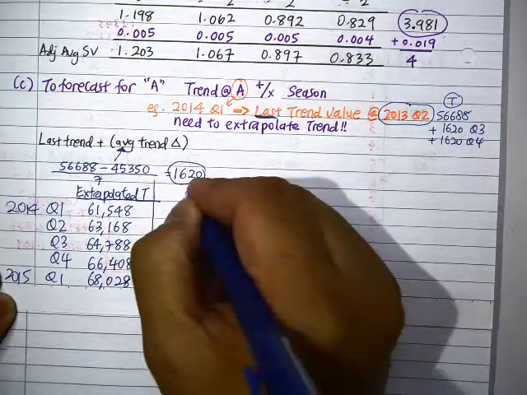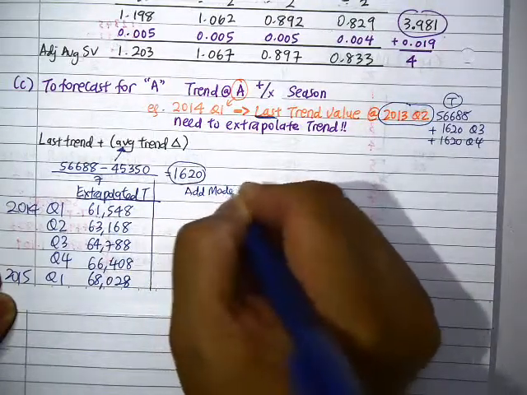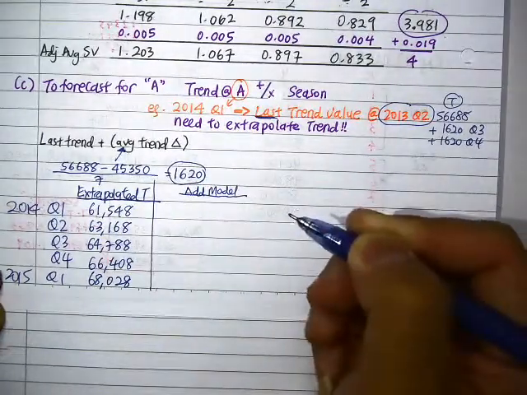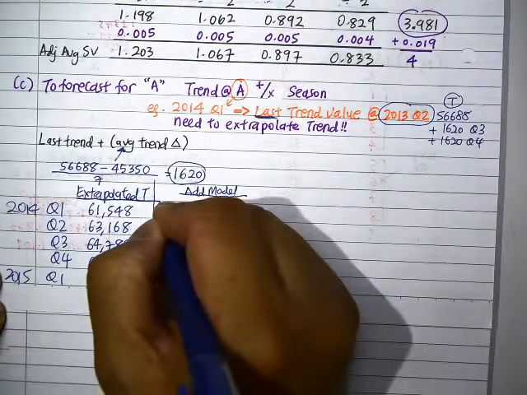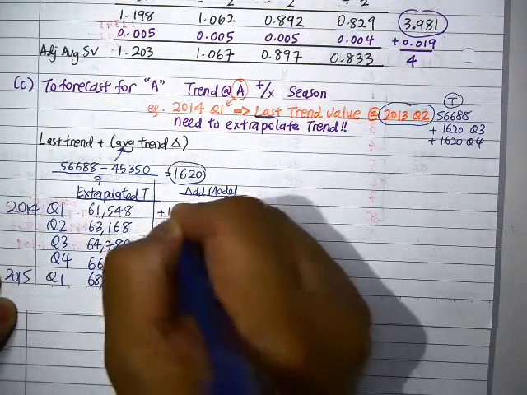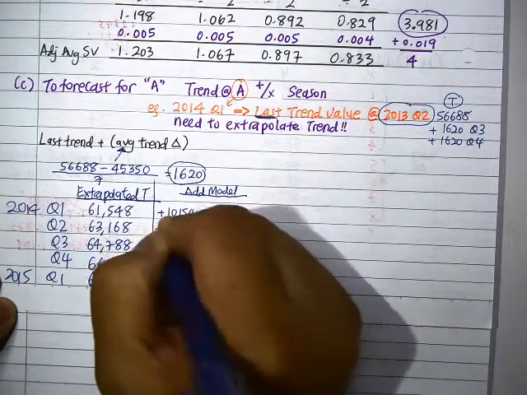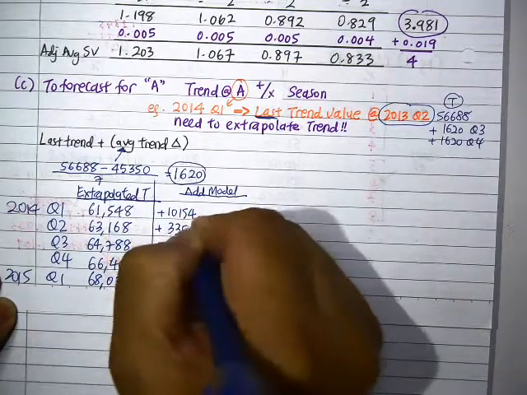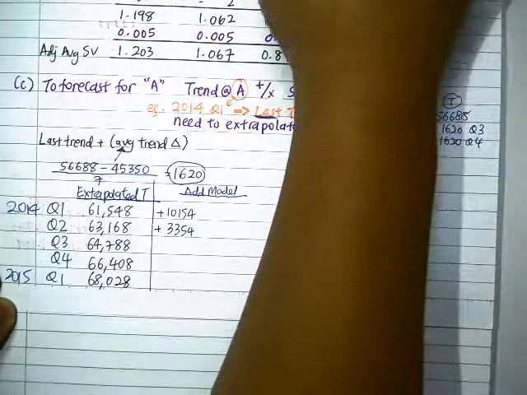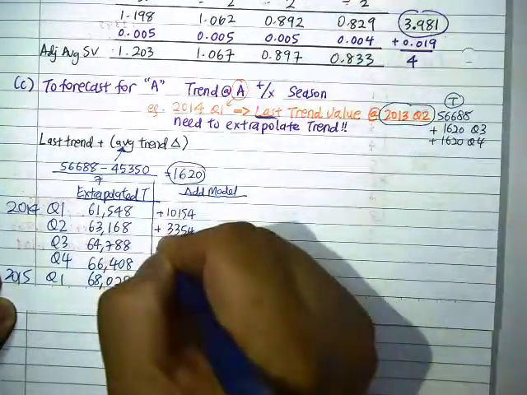So if you are using additive model, class, you just have to add or minus. I forgot to put the minus sign just now.